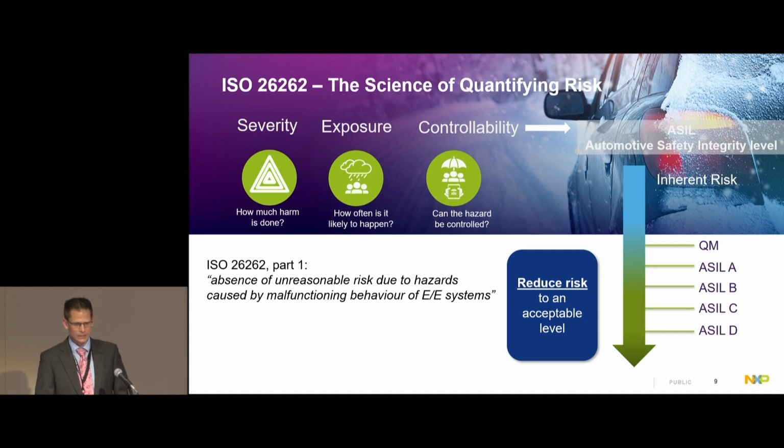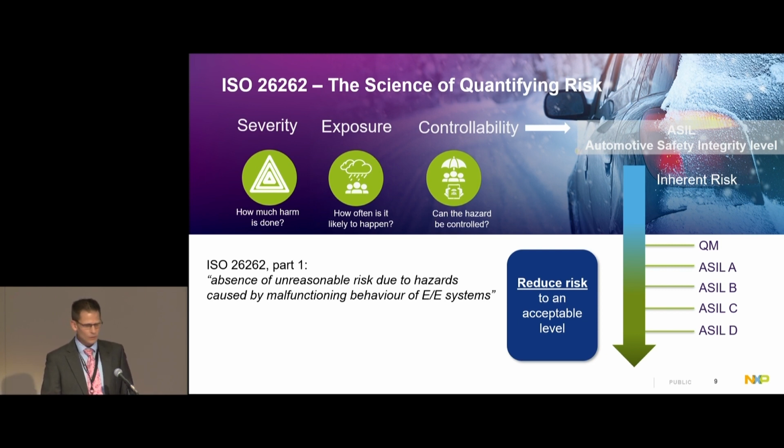The idea of this is to look into the failures that can happen and see, okay, what would happen if a failure on car level happens? How often are you in a situation that this can harm? And would you have a chance to control it? You will see on the next slide that's all on the top system level, so typically on car level.